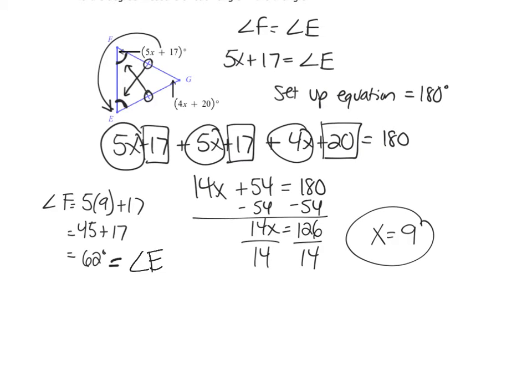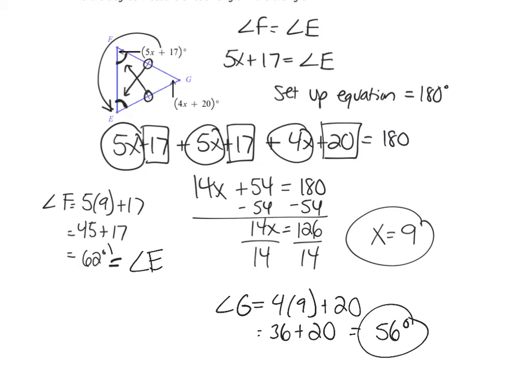Okay, and also if those two equal 62 degrees, then we can find the last one by plugging in 9. Angle G is equal to 4 times 9 plus 20. And 4 times 9 is 36 plus another 20, which is 56 degrees. So we've got 56, 62, and 62.